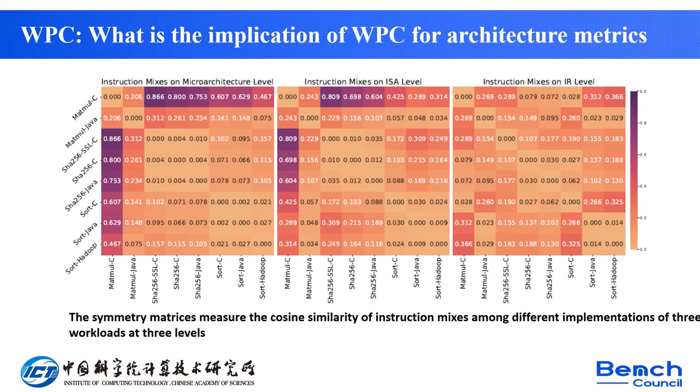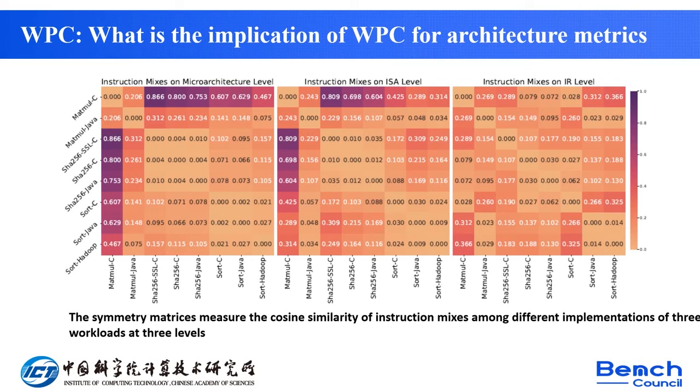But there is low similarity at the IR level, with the cosine distance being as high as 0.26. Sort Java and Sort C have different algorithms and runtimes, and their instruction mixes agree at ISA and microarchitecture levels. Using the traditional ISA-dependent or microarchitecture-dependent workload characterization, they would be considered similar.